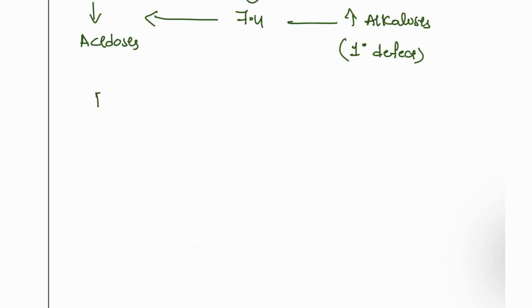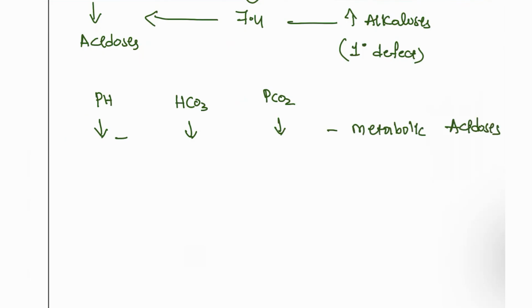First, pH is low, that means it is acidosis. Next, HCO3 is also low, along with PCO2 being low. This is a metabolic condition, and metabolic acidosis is the primary defect. Next, the pH is high, HCO3 is also high, PCO2 is also high, then this is metabolic alkalosis.